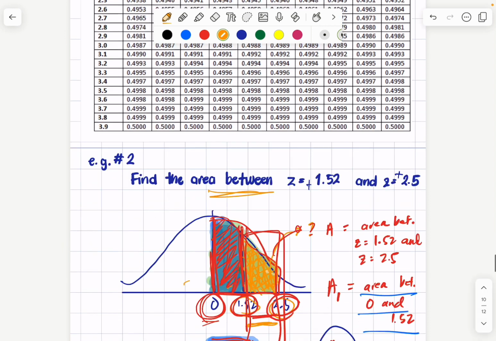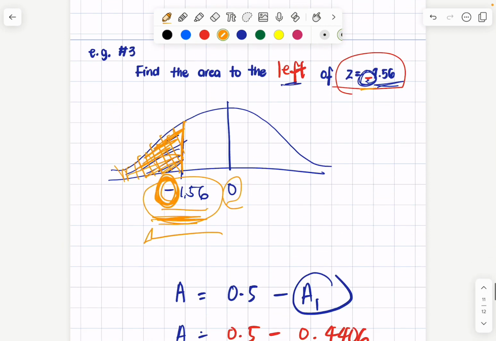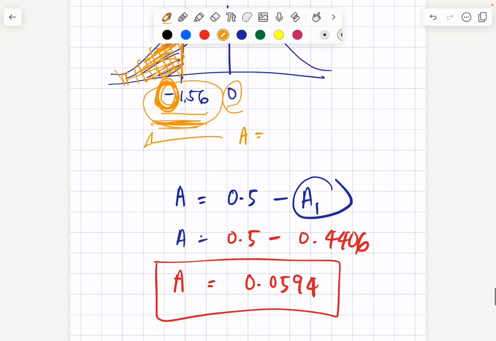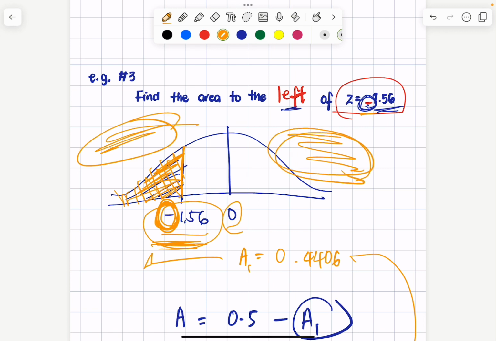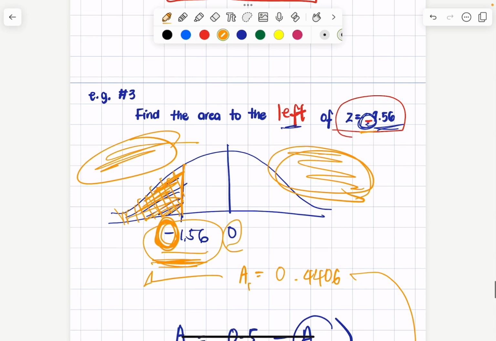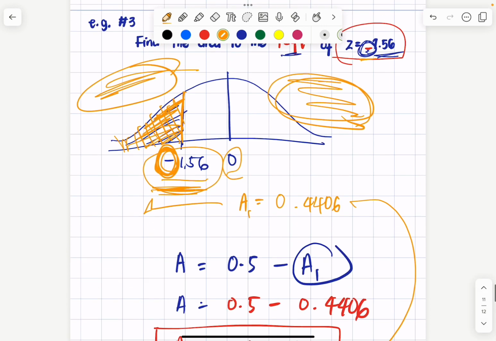So ang iyang area kay 0.4406. So, ang answer dayon ani, the same ra dayon ani niya. Kay di ba ang atuang curve is symmetric. Kung unsay naa sa left, maupoy naa sa right. And vice versa. Kung unsay naa sa right, maupoy naa sa left. So, I hope na understand na dayon ninyo ang topic.